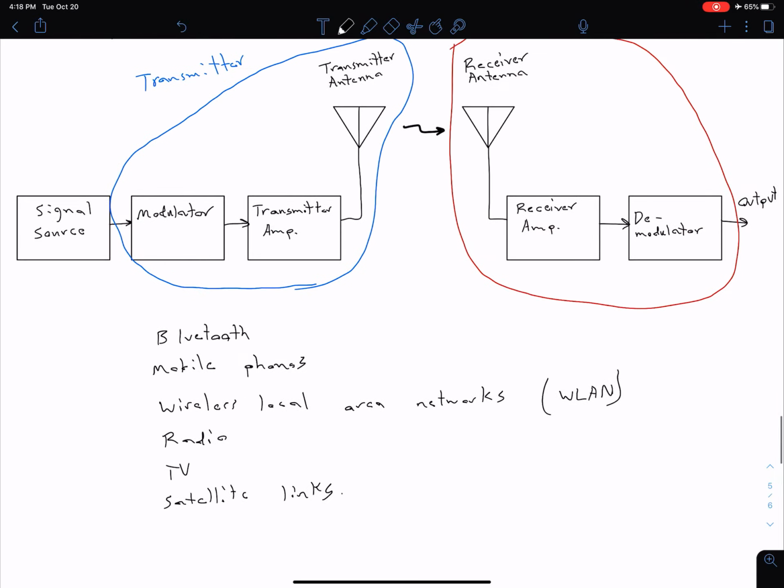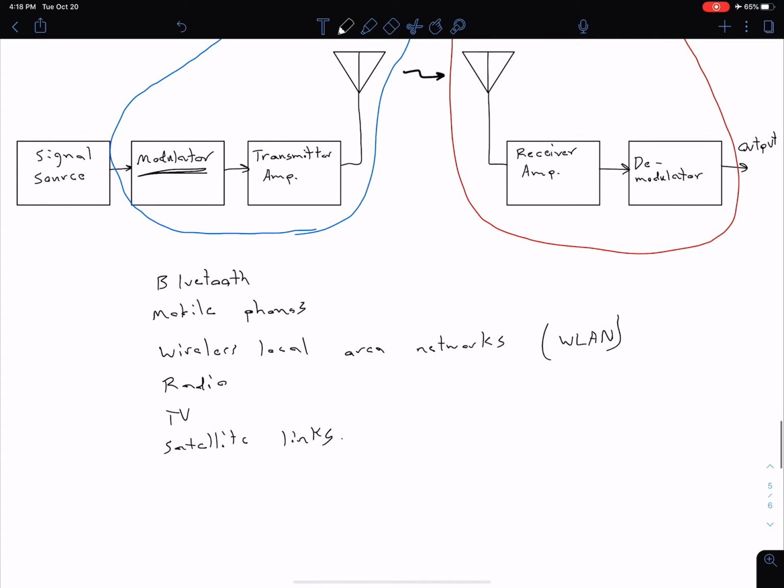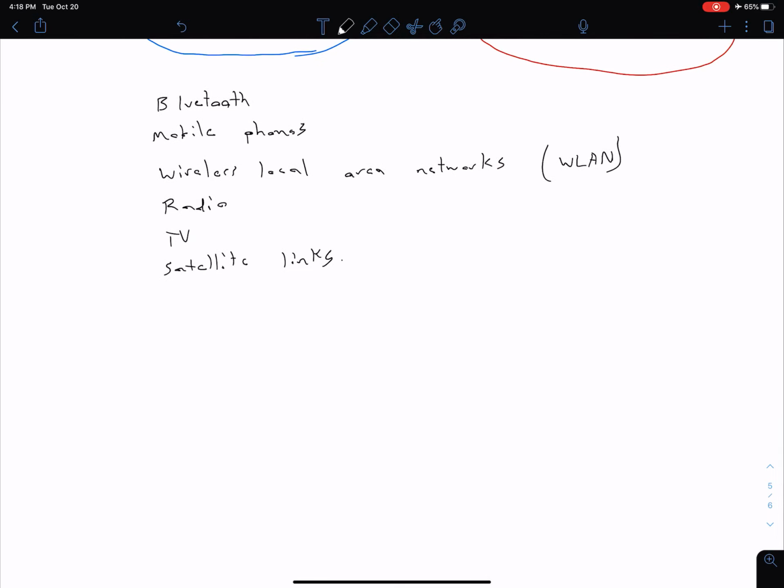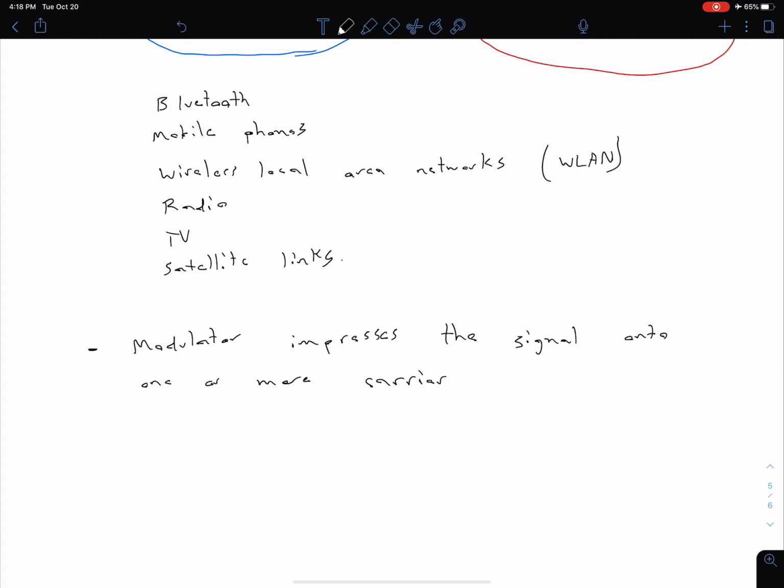What our modulator here is going to be doing is essentially impressing the signal onto one or more carriers. So let's write that out. Our modulator is impressing signal onto one or more of what we call carriers. These carriers are just different frequencies.